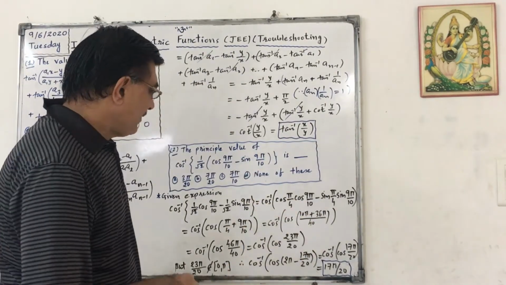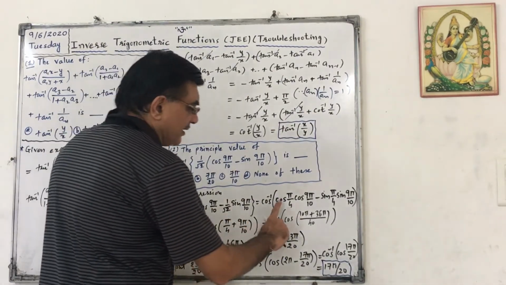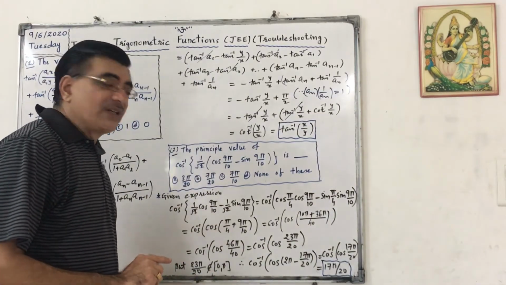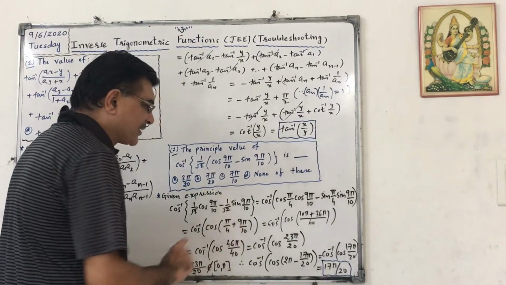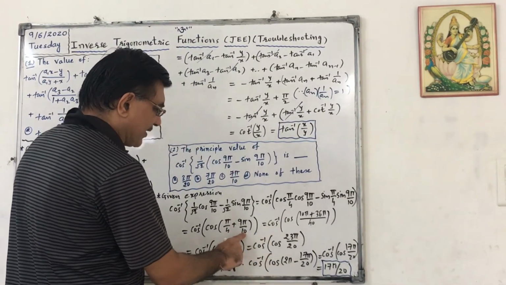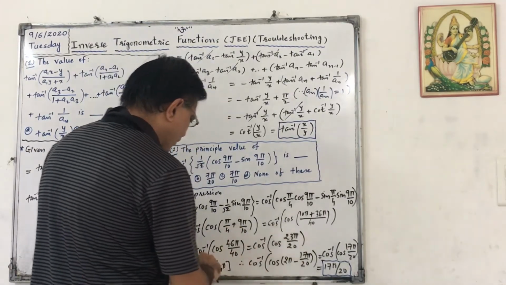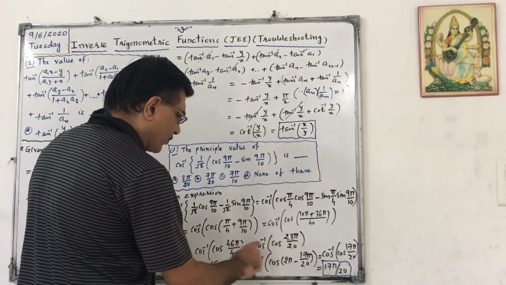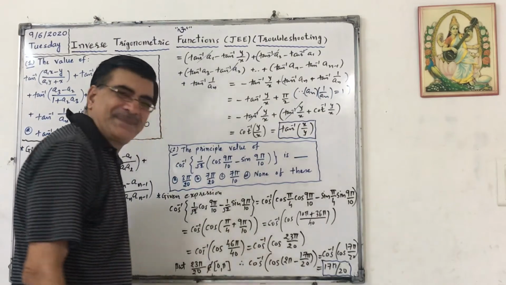So finally it is cos inverse of cos of, this is CC minus SS, so it is C plus C. So cos inverse of cos of (pi by 4 plus 9 pi by 10). So that is cos inverse of, now see, (10 pi plus 36 pi) upon 40, that is cos inverse of 46 pi upon 40, that is cos inverse of, dividing by 2, 23 pi upon 20.